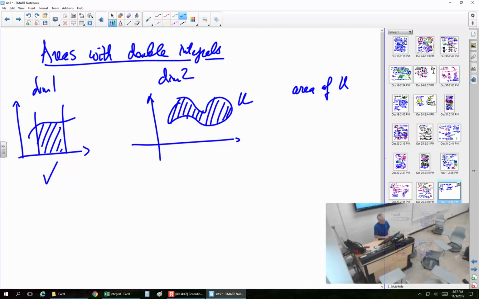Now in dimension 2, it's actually very simple. If anybody wants to guess: what do we integrate doubly to get the area of U?